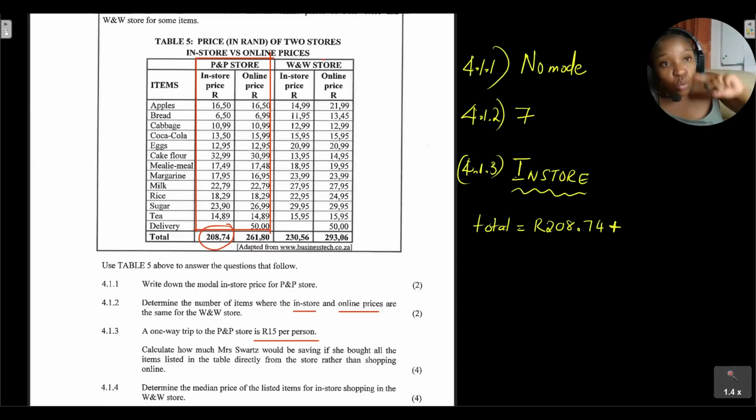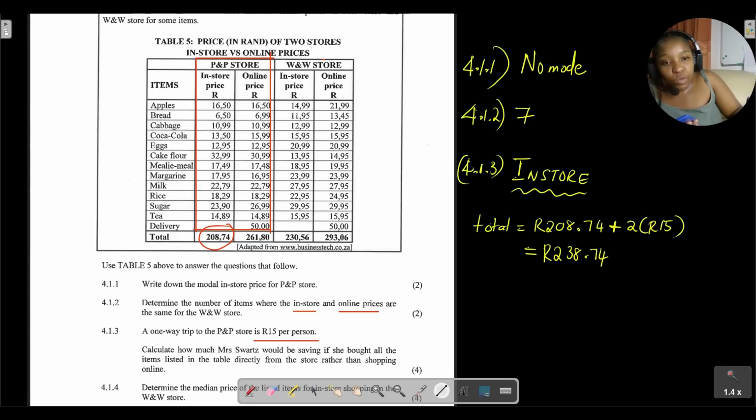To go it's 15 rand, to come back it's another 15 rand, so it's 2 multiplied by 15 rand. So the total that she would spend if she decides to buy in store is 208.74 plus 2 times 15, and this gives us 238.74. That's how much she would pay if she decides to buy in store.